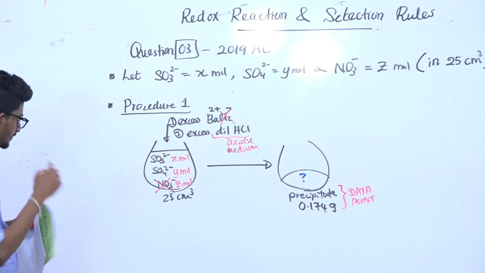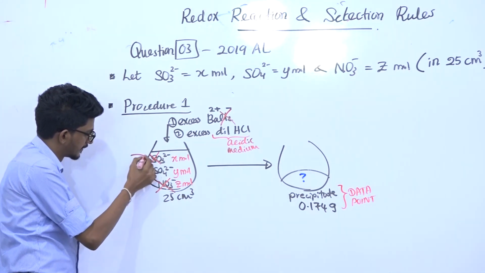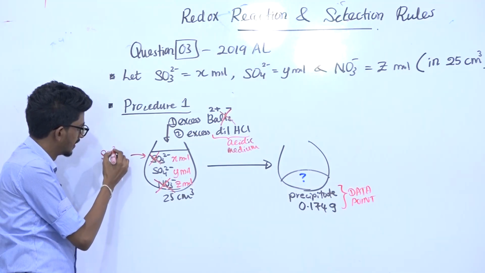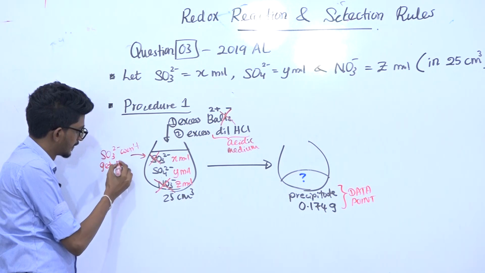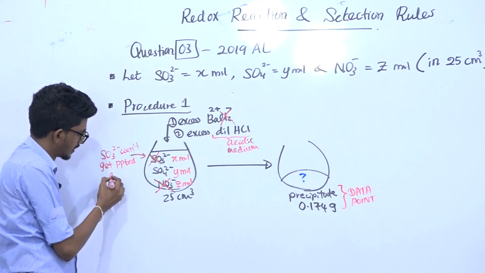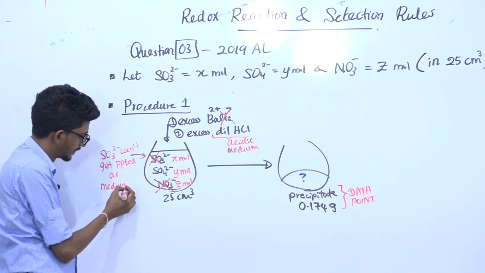So SO3 2 minus won't get precipitated as the medium is acidic.